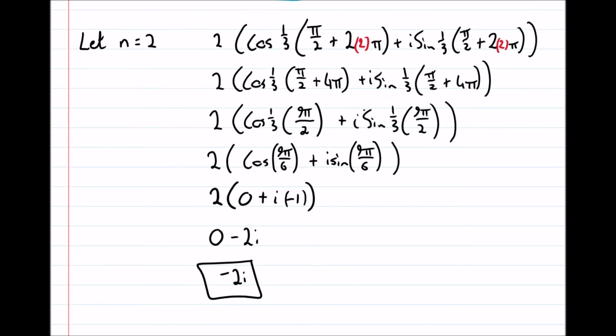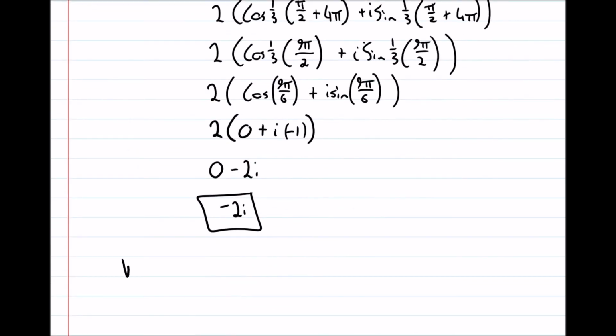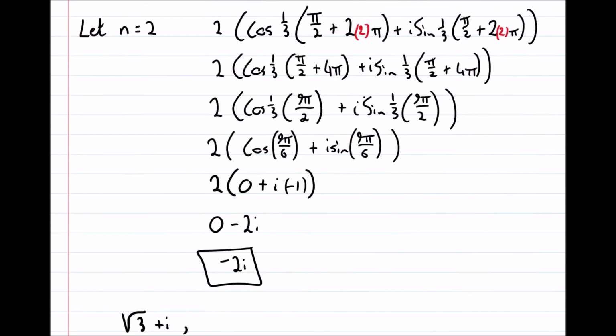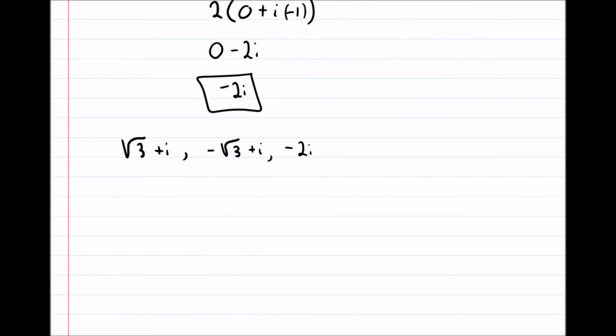So our three roots are root 3 plus I, minus root 3 plus I, and minus 2i. So 8i has 3 cube roots as follows.